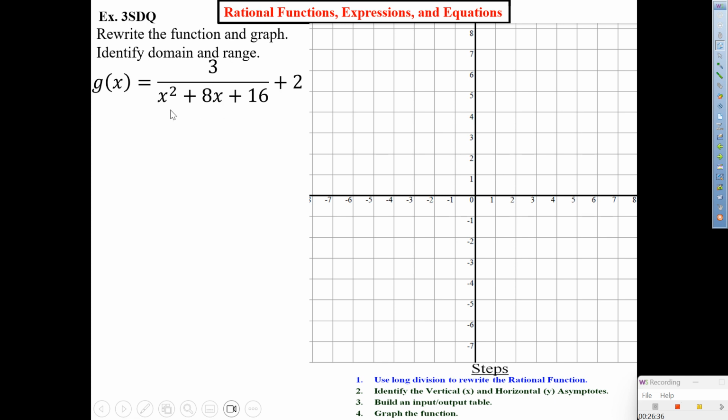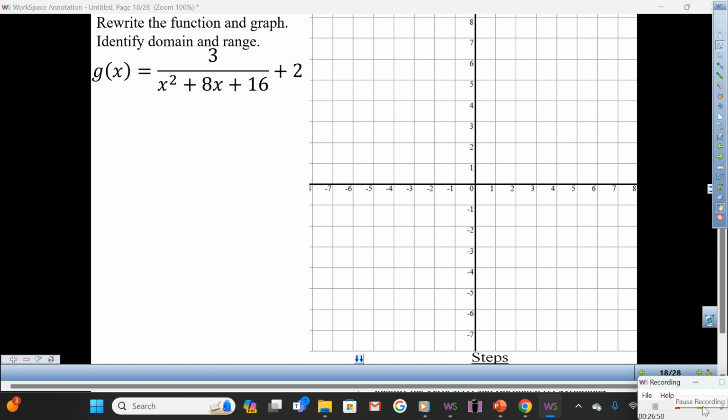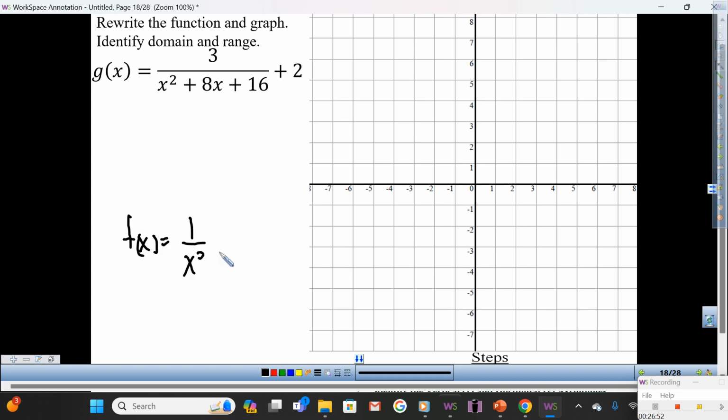G of x equals 3 over x squared plus 8x plus 16, plus 2 at the end. I'll give you a head start. Go. All right, what do I do first, Jacob? F of x plus 1 over x squared.